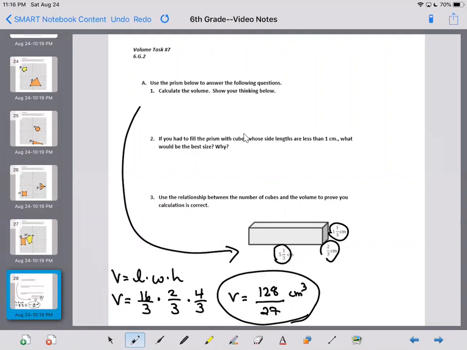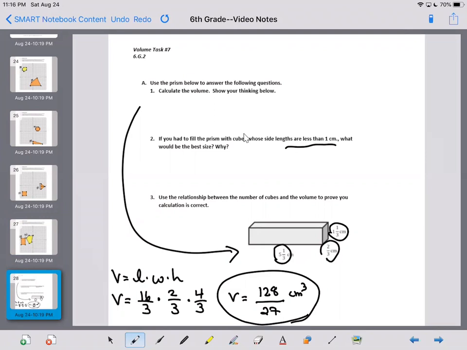Now, here's where there's a little difference, and we'll look at this in the next video as well. But what if you had to fill the prism with cubes that have side lengths less than 1 centimeter? What would be the best size to use?